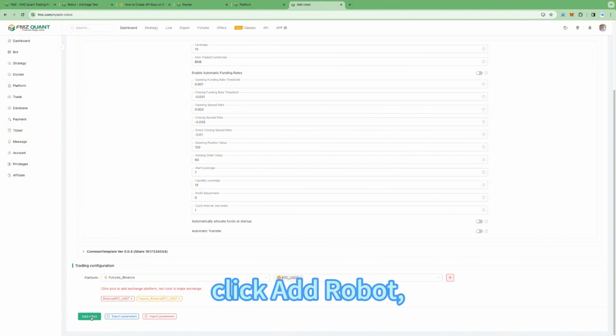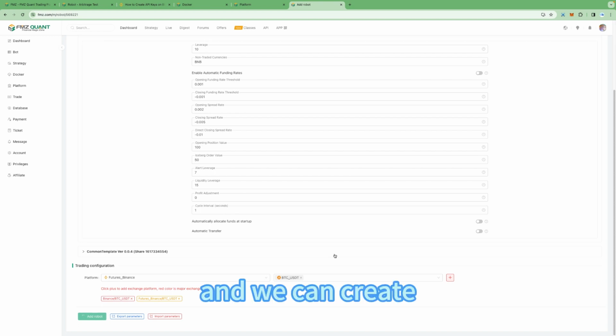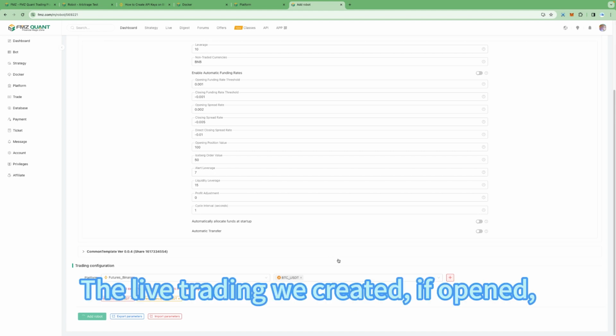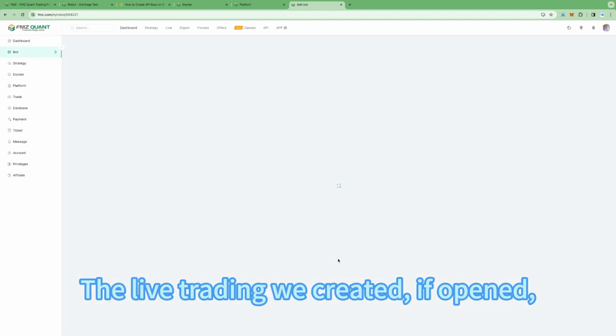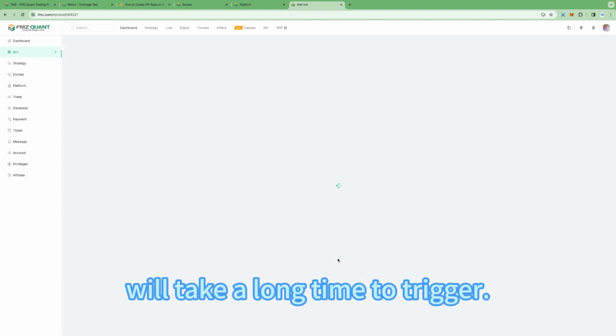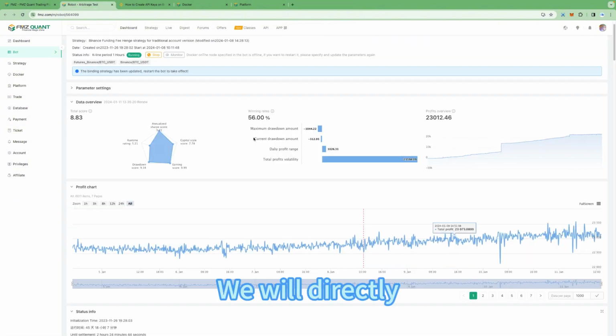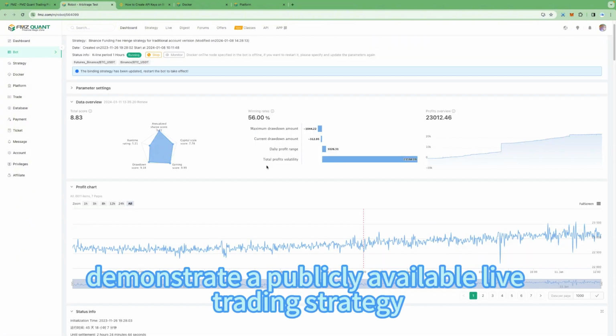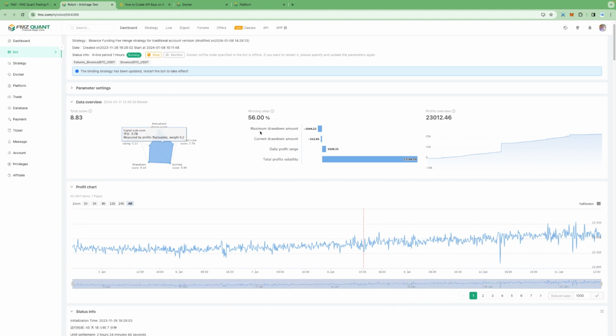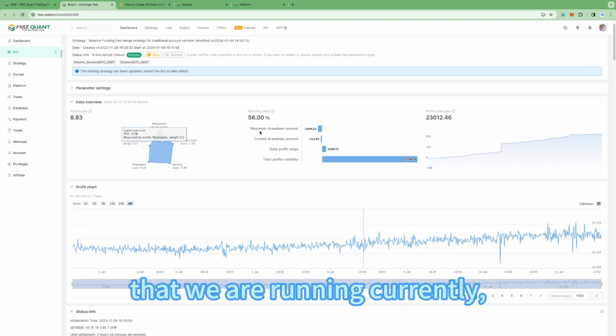Click Add Robot, and we can create the strategy. The live trading we created, if opened, will take a long time to trigger. We will directly demonstrate a publicly available live trading strategy that we are running currently.